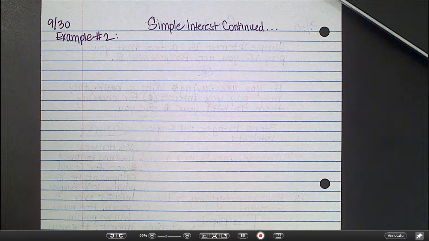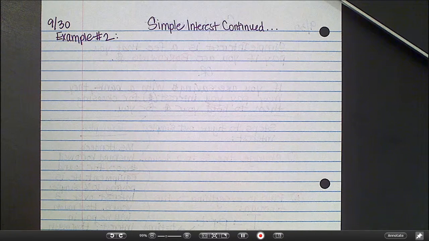After the video, you're going to continue. You have a page with 4 problems on it for simple interest. You'll need to work out the first problem with a partner. The second problem, you can ask your partner if you have questions, but I want you to try to do it on your own. And problems 3 and 4, I need you to do completely on your own.